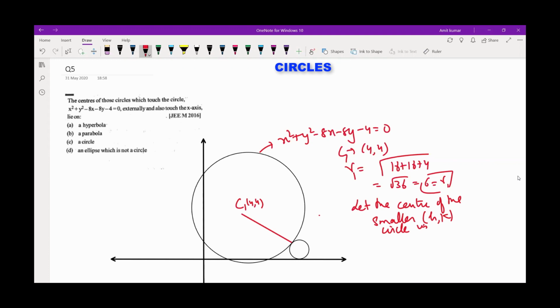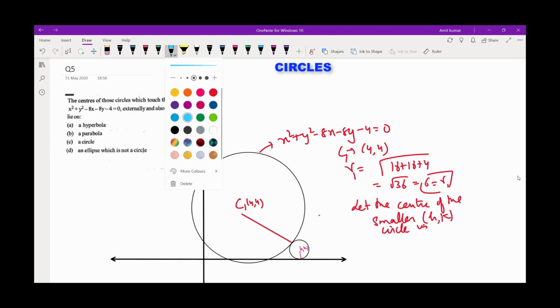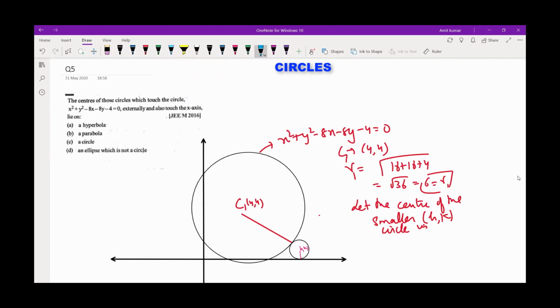The smaller circle is touching the x-axis, so its radius should be the y-coordinate of the center, that is K. So the radius of the smaller circle is K. So R2 is K, and C2 is (H, K).